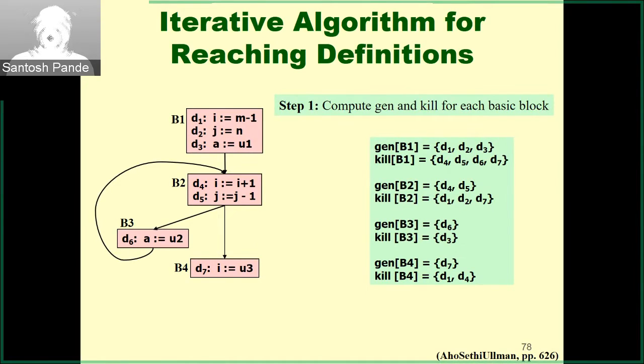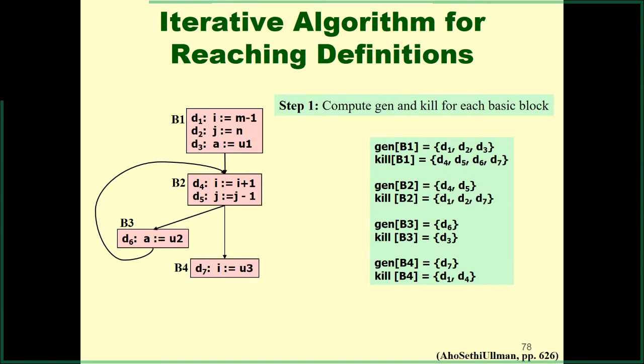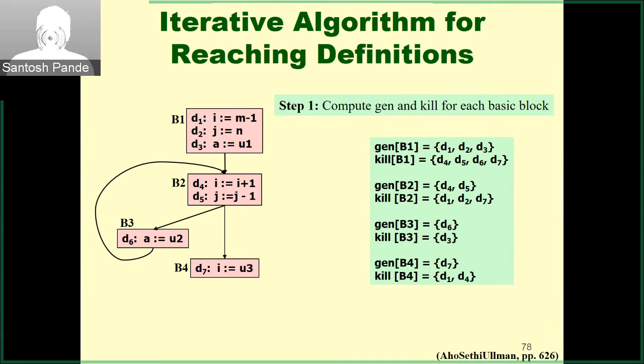The value in I will remain what it is, and it will flow down. And that basically means that you would have eliminated a definition which would have been reaching a given point when it should not be eliminated. That you have killed a definition when you should not have killed it because P was not even pointing to I.